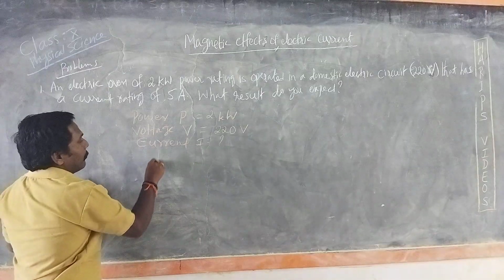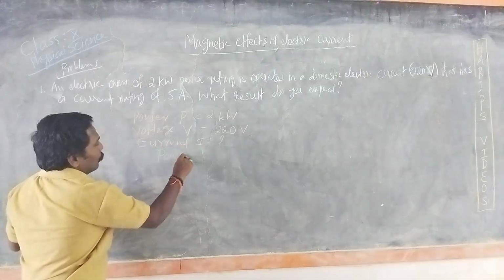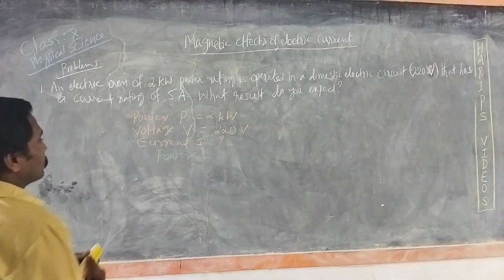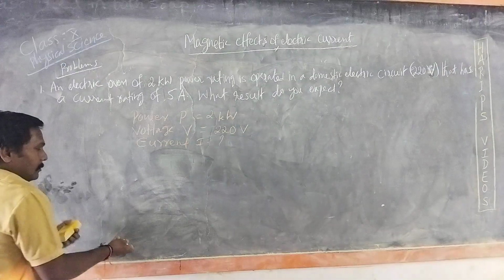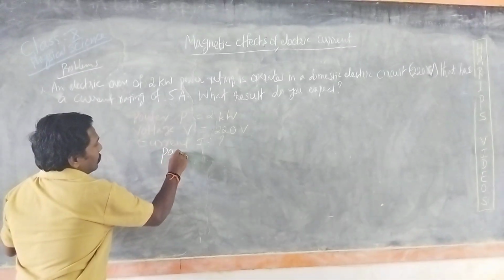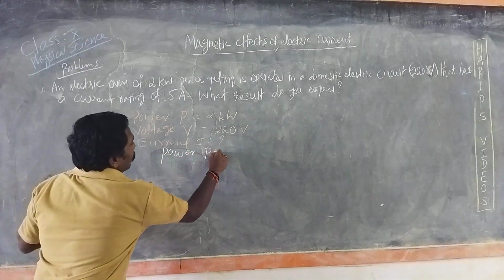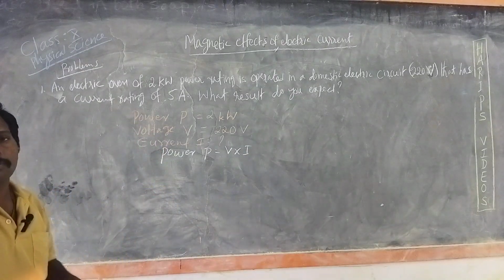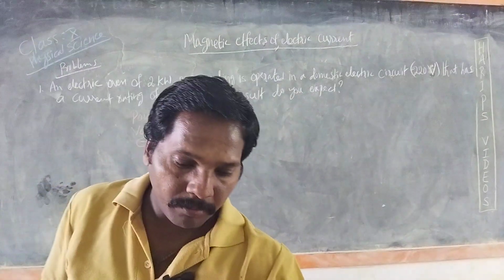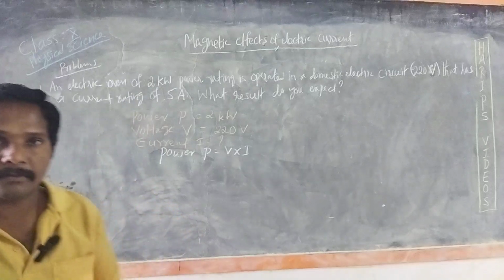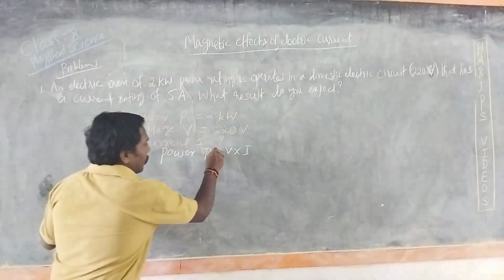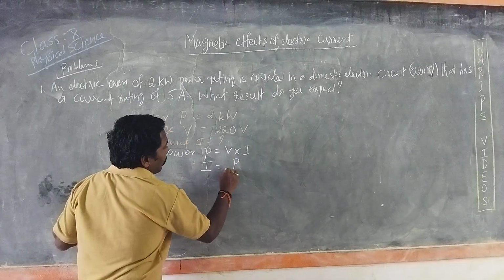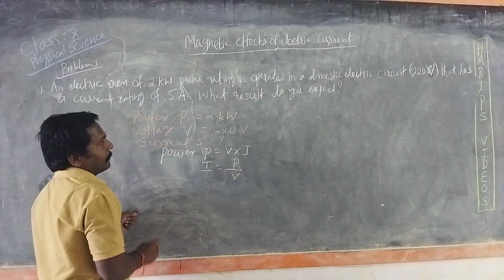As we know, we have different formulas for power. One of the formulas is power P is equal to V into I. So I is equal to P by V.